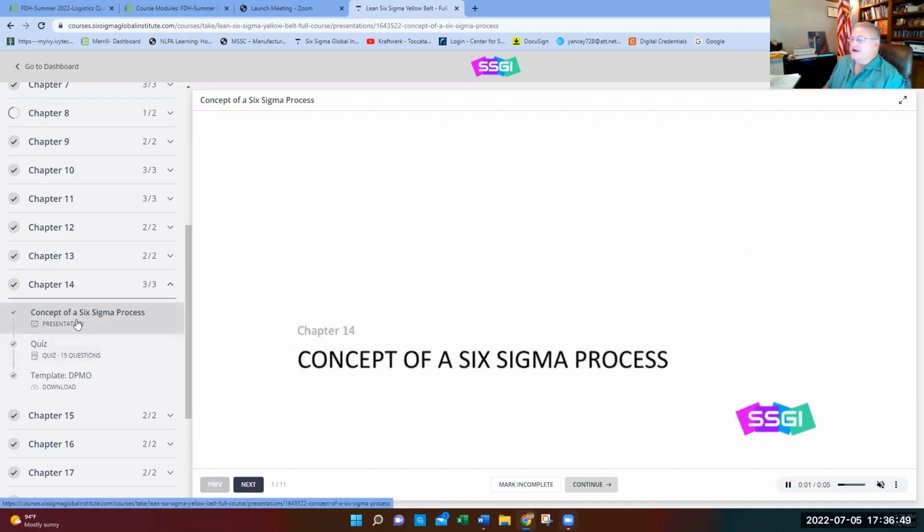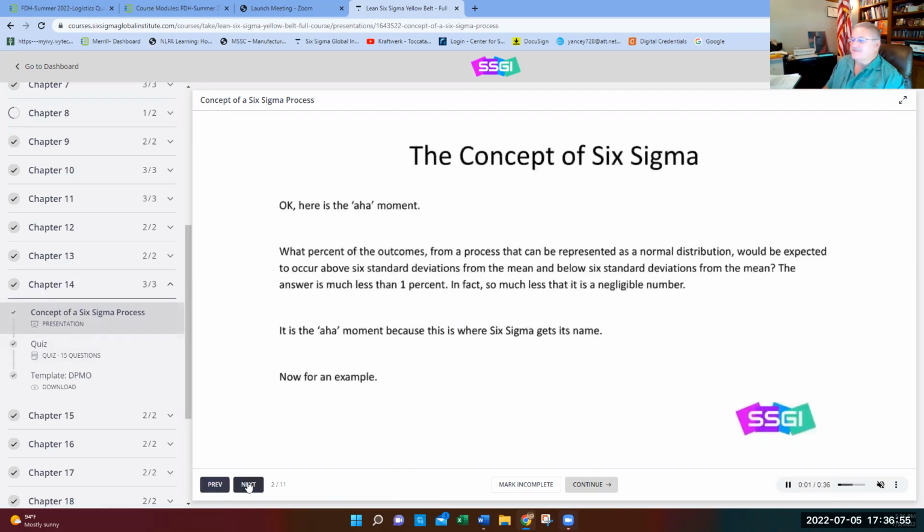So on the concept of Six Sigma, it's basically measuring how many oopses you have per million. And so if we're looking at the Six Sigma, there's a 1 Sigma, 2, 3, 4, 5, and 6.